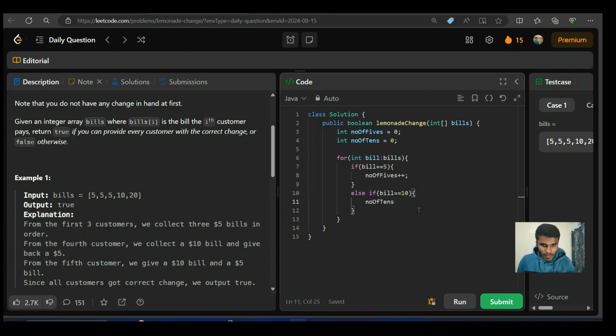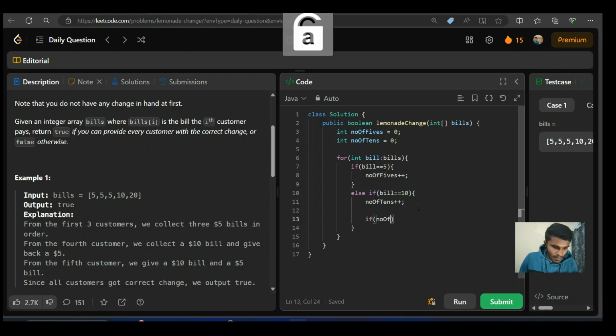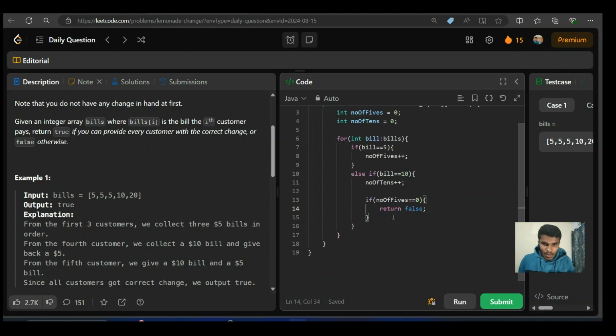Now I check if number of fives equals 0, then I return false here. Else, number of fives minus minus.